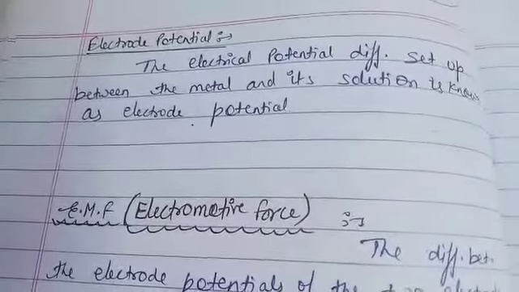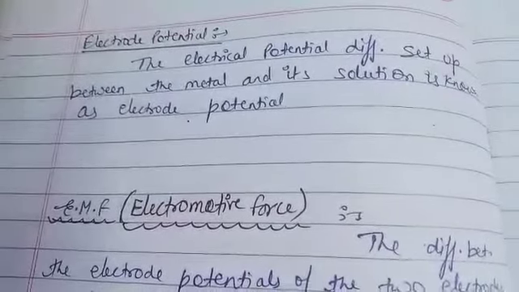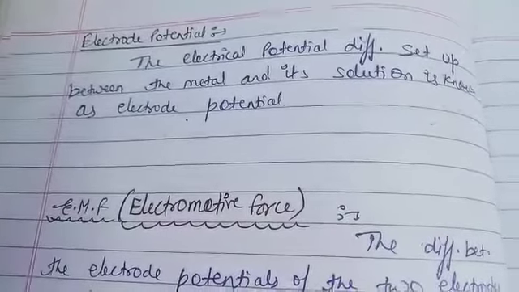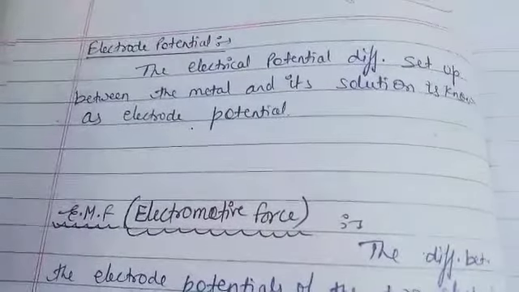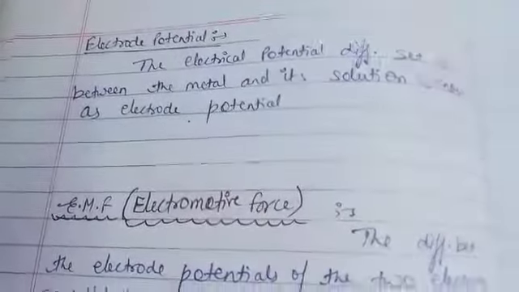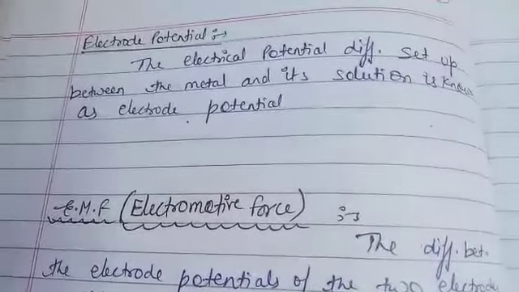I'll explain that again when we solve numericals also. So their representation will be in terms of reduction potential instead of oxidation. That is okay according to present convention.